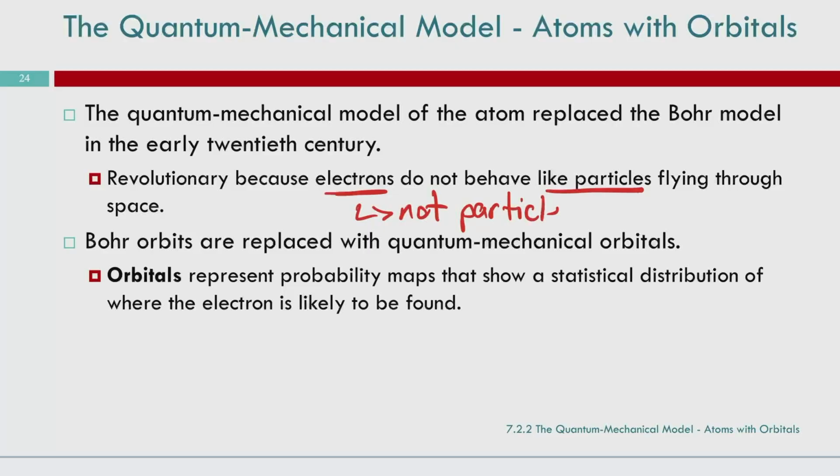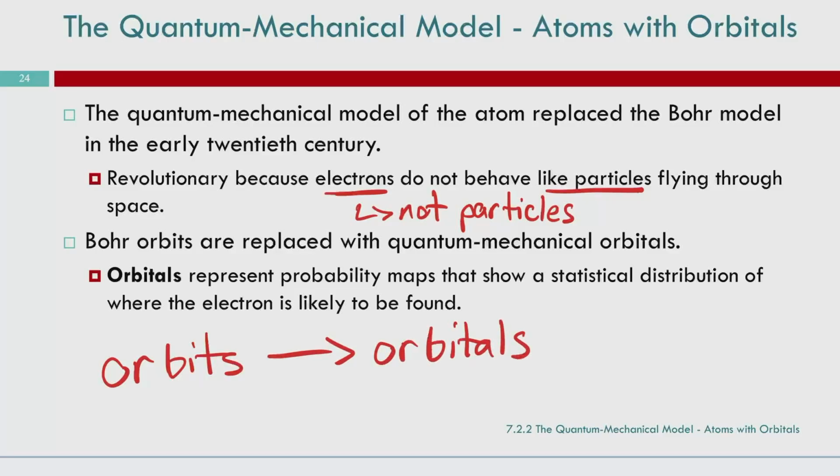Electrons, notably, somehow we think of them as particles. They are not, in fact, particles, or they don't behave like particles. And so we are replacing a couple of things. Orbits are now orbitals.